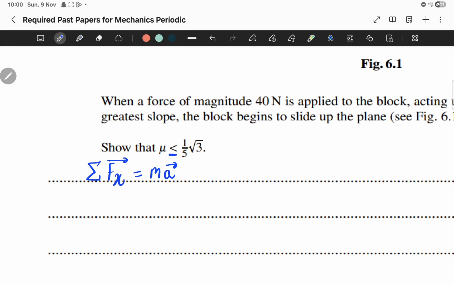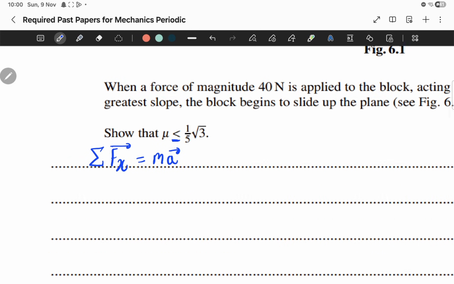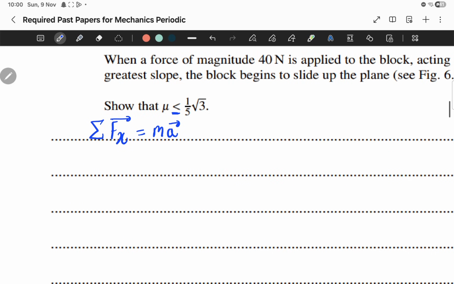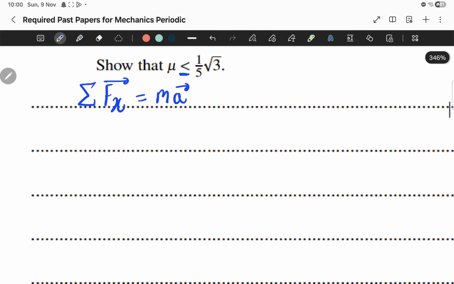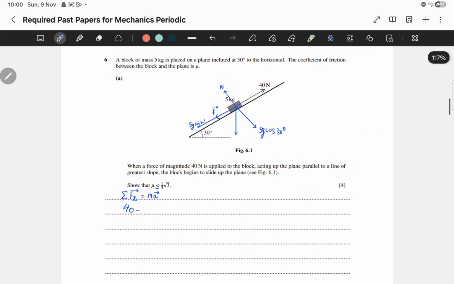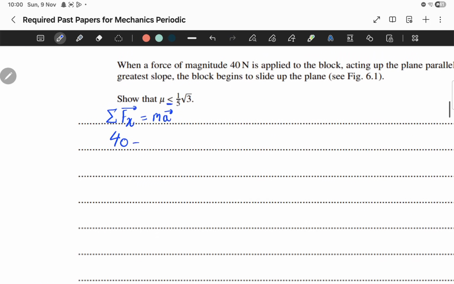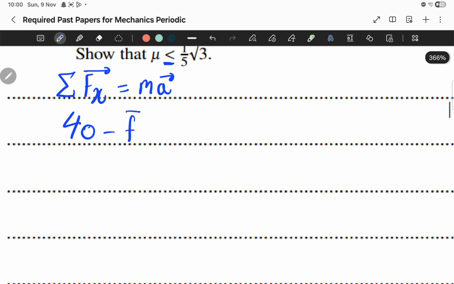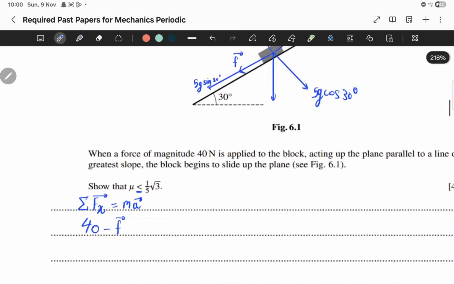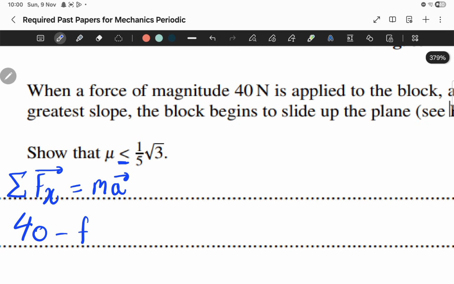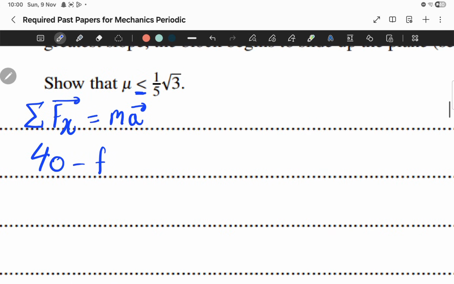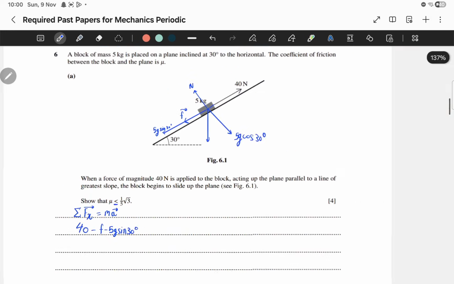Now we're going to find sigma of x. We have 40 newtons, minus friction, minus 5g sine 30. This is for the x-axis.